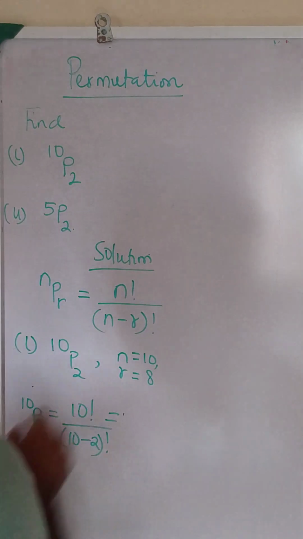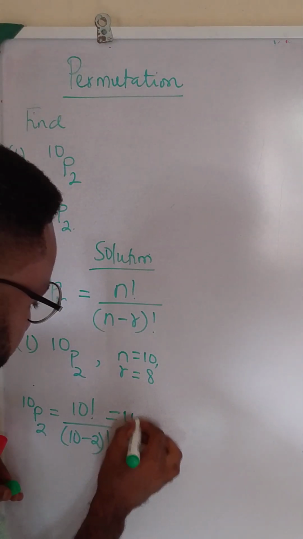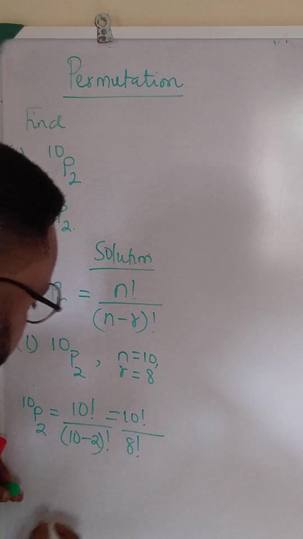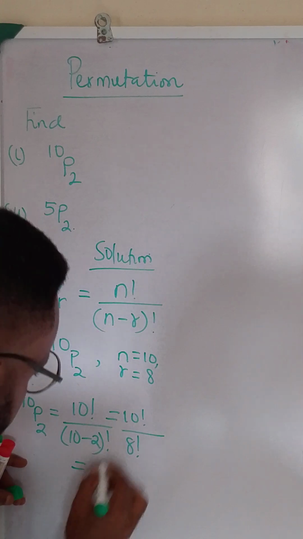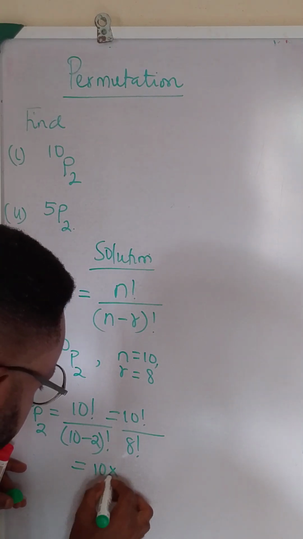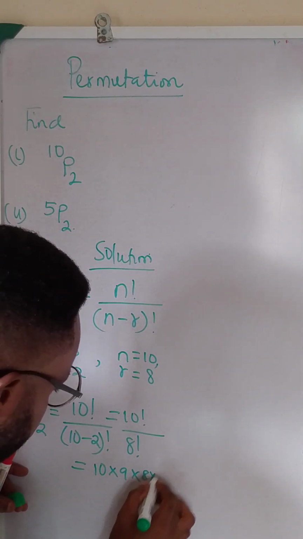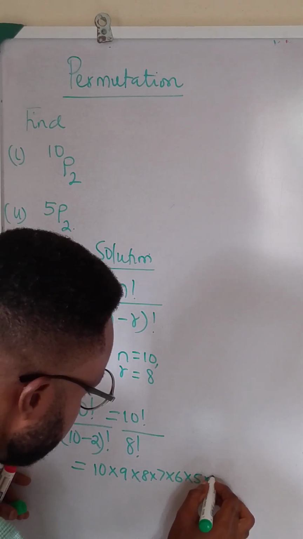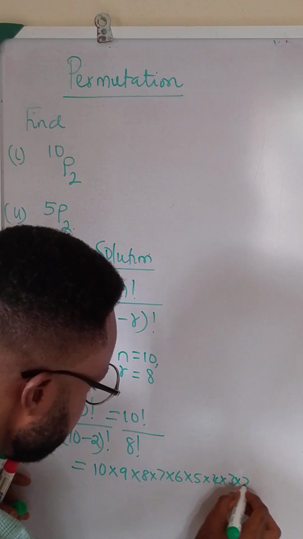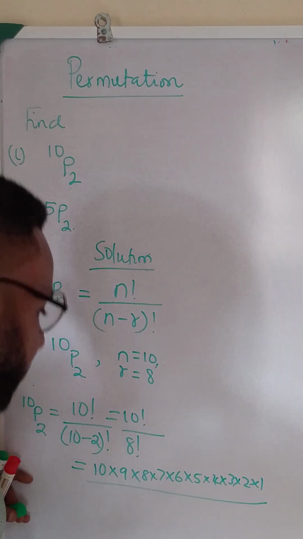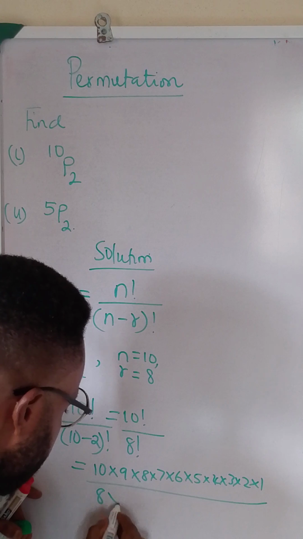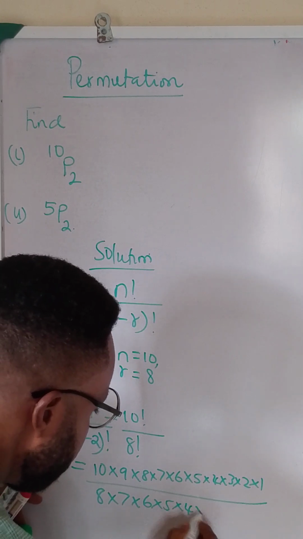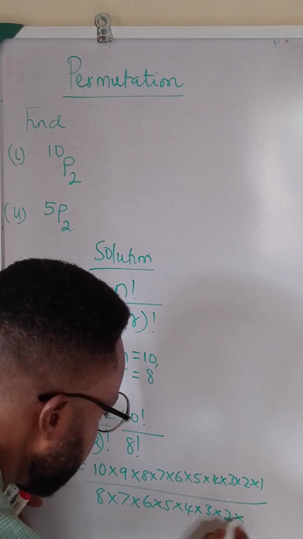So this will be 10 factorial all over 10 minus 2, which gives us 8 factorial. Let's take the 10 factorial: 10 times 9 times 8 times 7 times 6 times 5 times 4 times 3 times 2 times 1, all over 8 factorial, which is the same thing as 8 times 7 times 6 times 5 times 4 times 3 times 2 times 1.